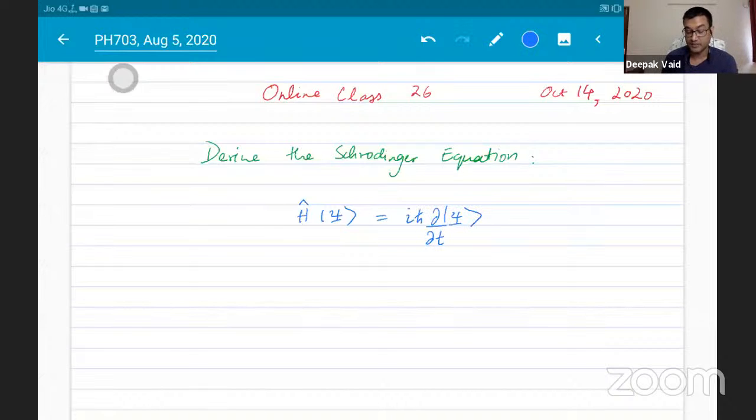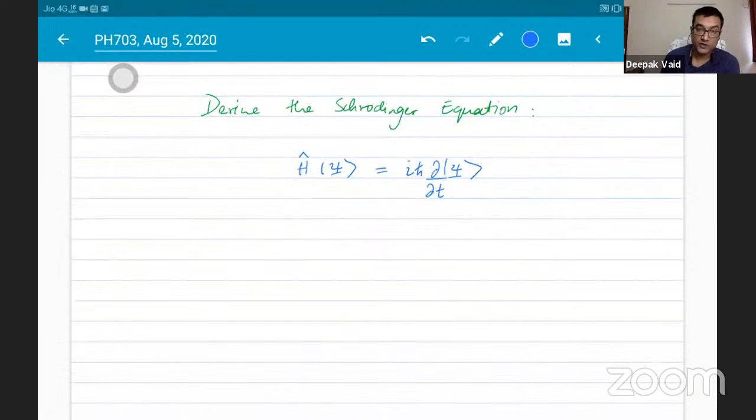This is what I mean by the Schrodinger equation. What you have encountered in previous classes, I guess, is this form: minus h bar squared by 2m del squared psi plus V(x,t) psi is equal to E psi.